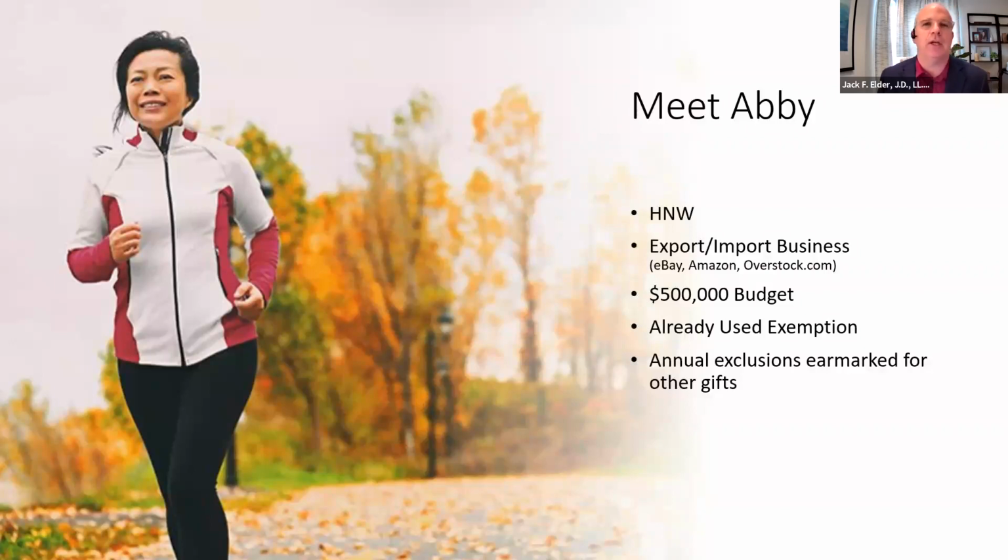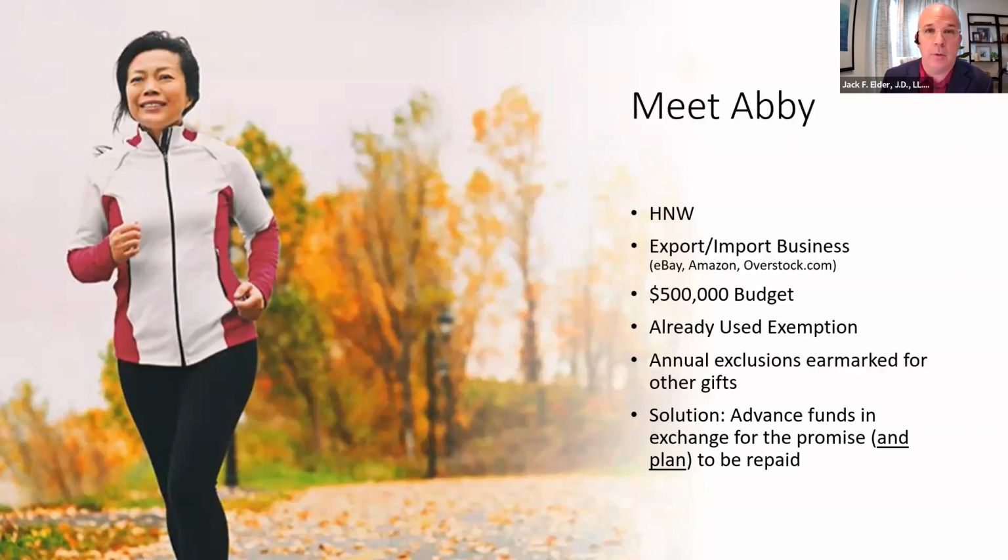So we have no ability to use gifts for life insurance. She says she has a $500,000 budget, but importantly, that's an annual budget. It's a great case, great client. But importantly, she wants to use those funds. She likes the idea of funding a life insurance policy and then getting the money back, which is essentially the definition of Split Dollar. So she agreed she could advance the funds in exchange for a promise and a plan to be repaid.